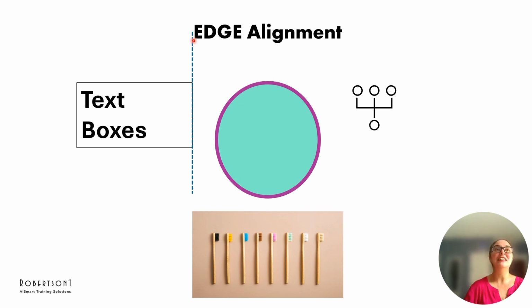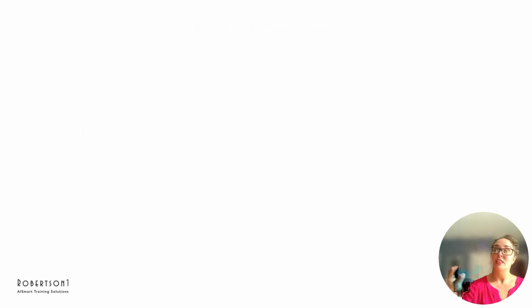Actually, this E could be touching this line here. And then my text box is going to just graze the top of my circle, which is also going to graze the top of the bounding box of my icon. And the title here is going to line up with my image. That's what I mean by edge alignment. It's the edge of the object or the edge of the bounding box of the object.